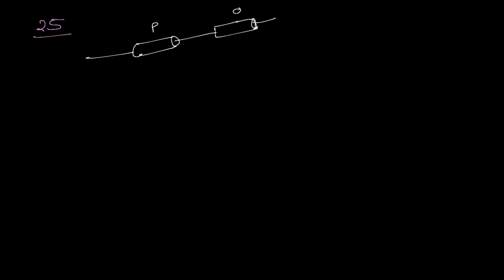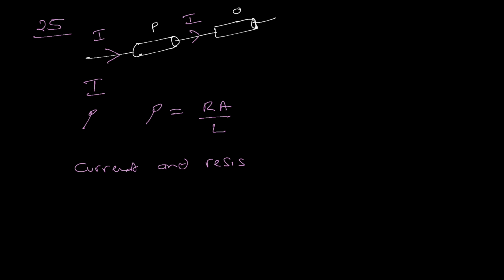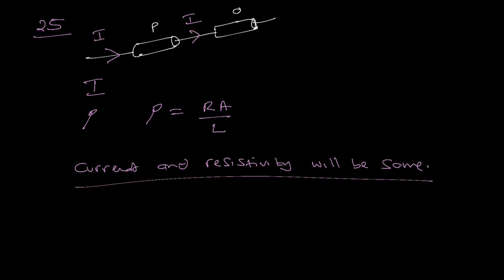So we can see here that the current will be flowing through that, so that will be I, and the same current will be flowing through there. So current will be the same, and because the material is the same for P and Q, therefore their resistivity will be the same. Resistivity is resistance times area over length. Current and resistivity will be the same. And the answer is B.